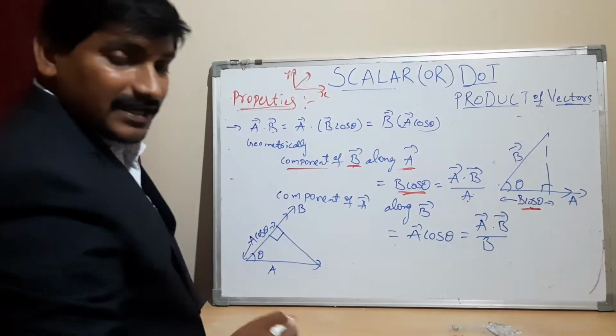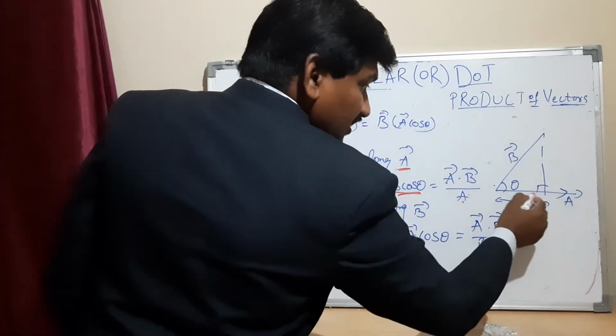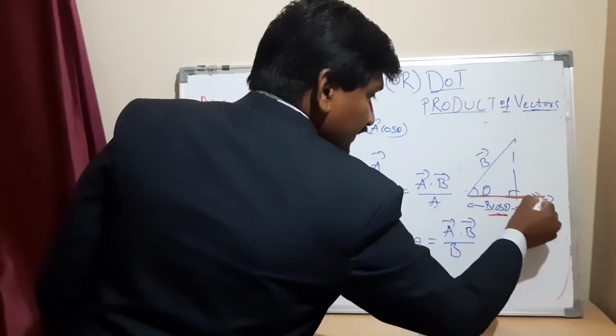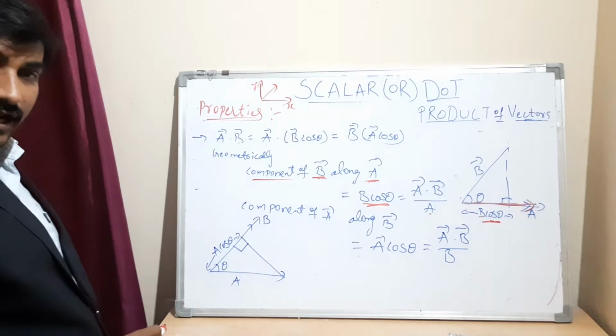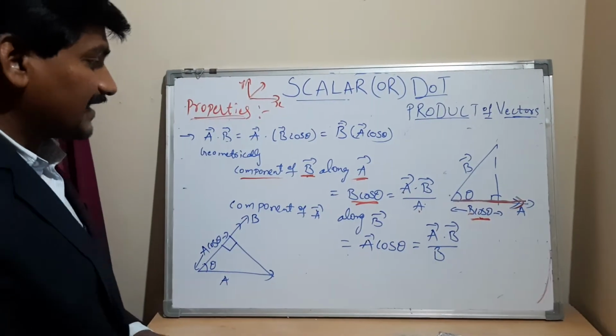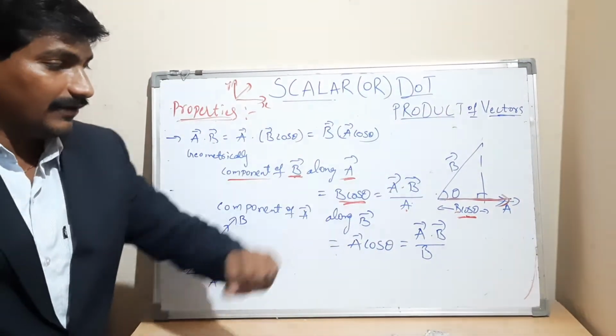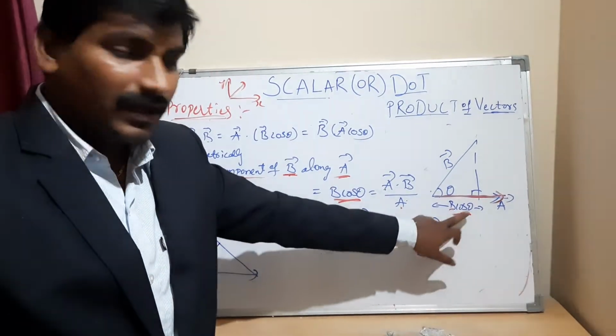This B cos theta is projected in the direction of vector A. So in such a case, we can say this is the component of B along A.